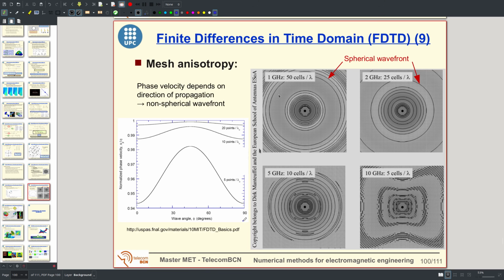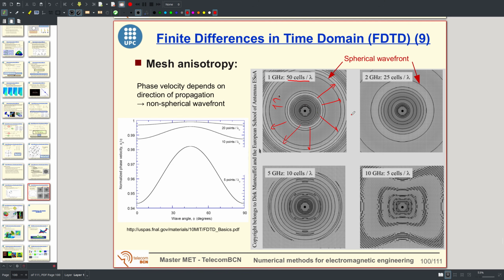And regarding the mesh anisotropy, I show you here the propagation of a cylindrical wave. It's a two-dimensional problem, and you can see that with very fine sampling, the wavefront is almost completely cylindrical, so it works very well.